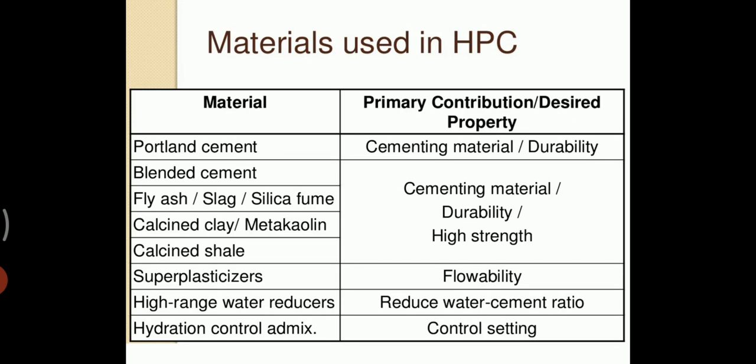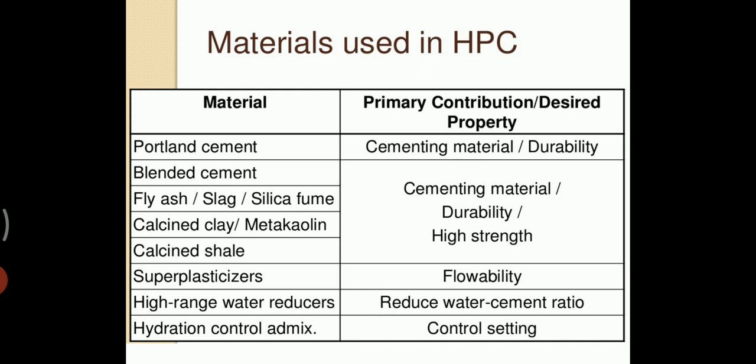Then what are the materials used in high performance concrete? So material wise, Portland cement. This Portland cement is being used as cementing material, and it should also possess the durability factor. Then blended cement, fly ash, slag, silica fume, calcined clay, metakaolin, calcined shale.